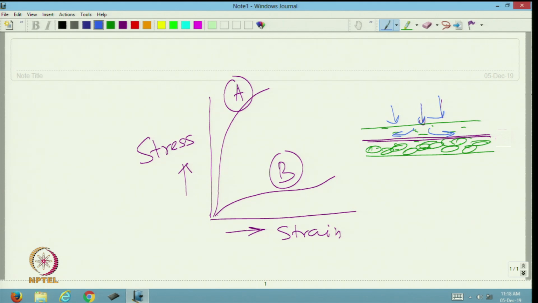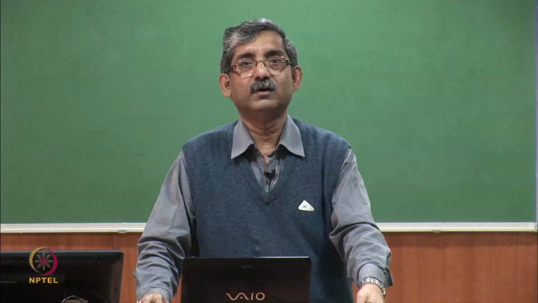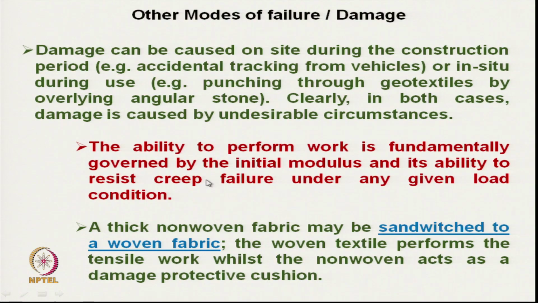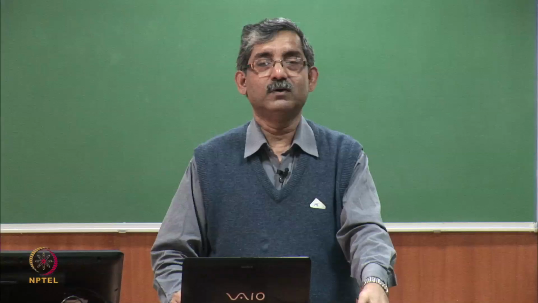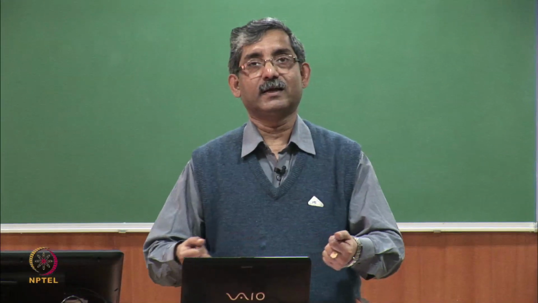If the extensibility of this geotextile is high, then this total structure will get distorted. So, we must use geotextile A here to control the distortion, and also the creep is another characteristic which is very important. Creep means at sustained load how the material is getting extended.